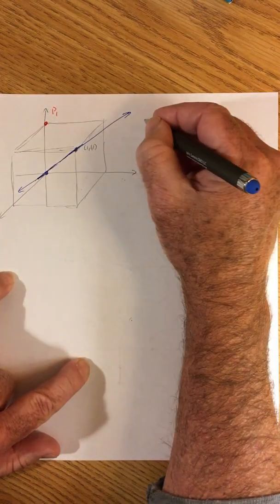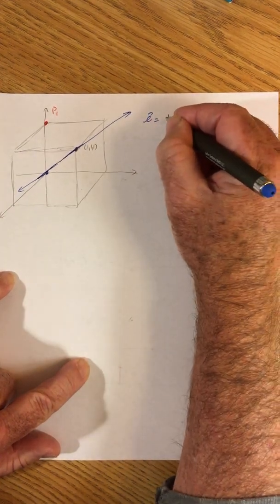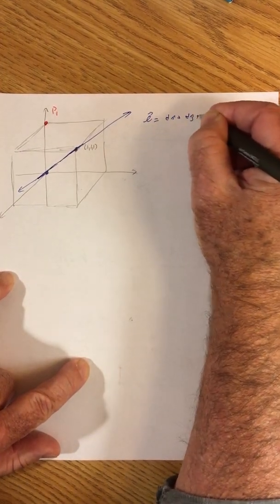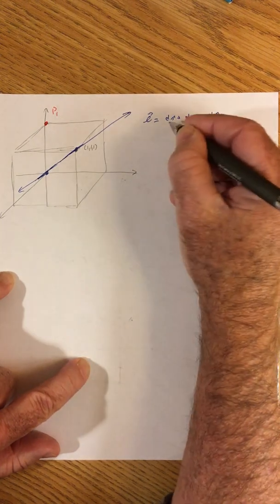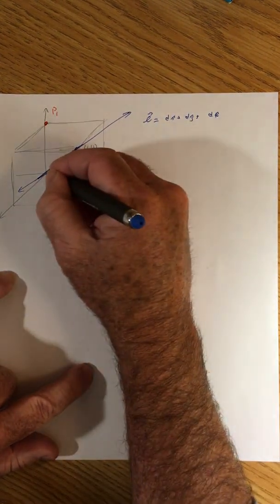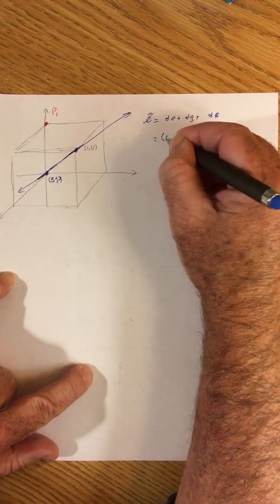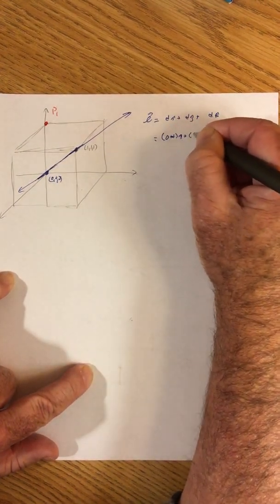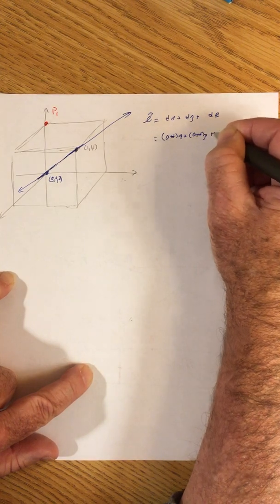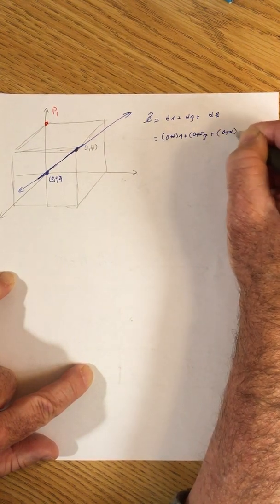And that is di plus dj plus dk. Now, if I draw that, because a known point on this one, of course, is 0, 0, 0, I could write this as 0 plus di, 0 plus dj, 0 plus dk.